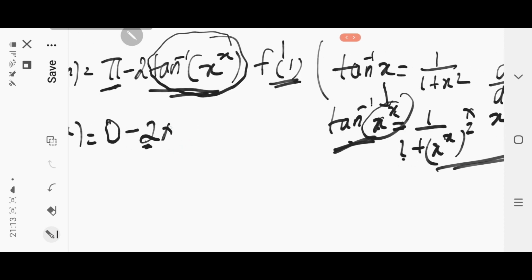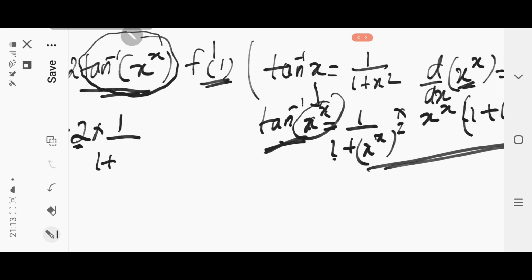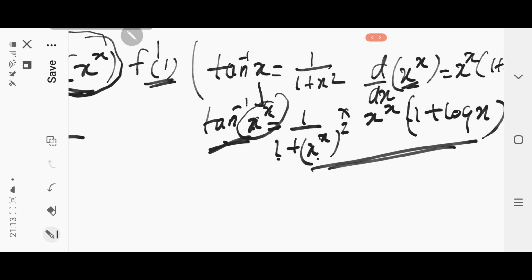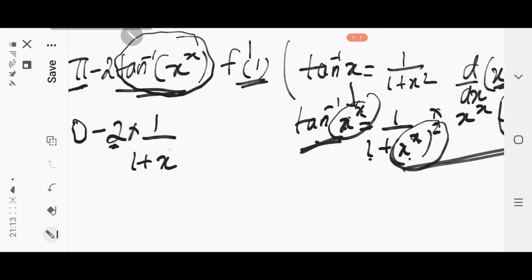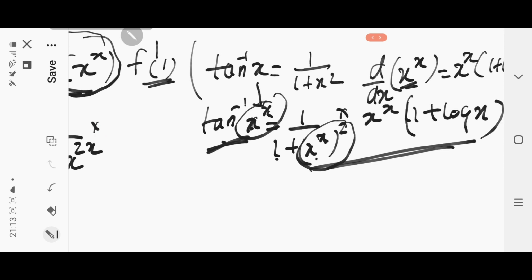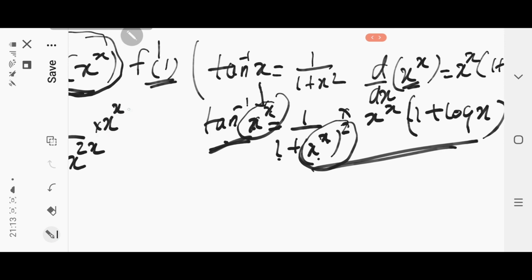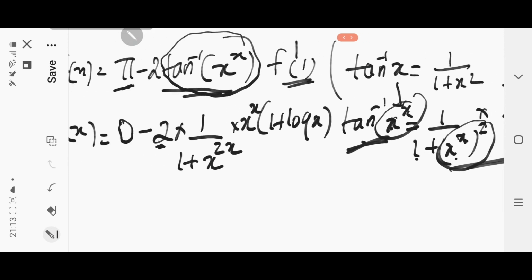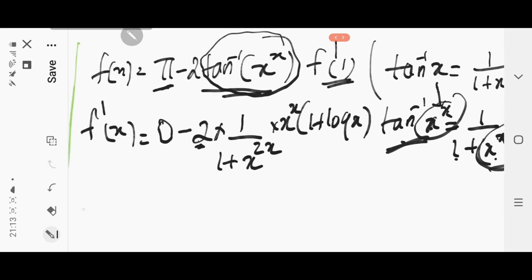Therefore you can write 2 into 1 by 1 plus x raised to x the whole square, that is x raised to 2x, into x raised to x into 1 plus log x. See, this is f dash of x.